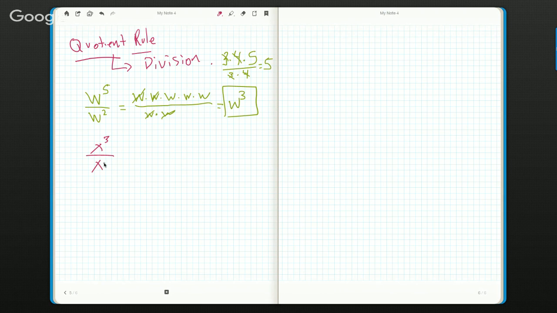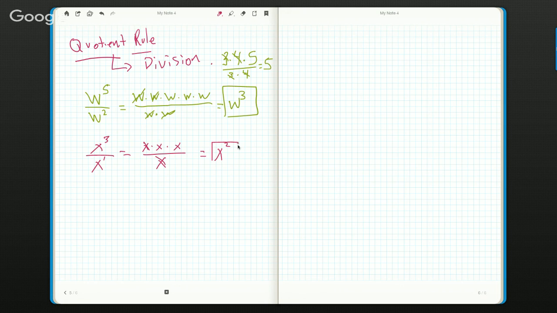Now, x is the same thing as x to the 1st, as we learned back in our building block section. So let's expand this one as well. x times x times x all over x. So if we cancel and we cancel, we get x squared.